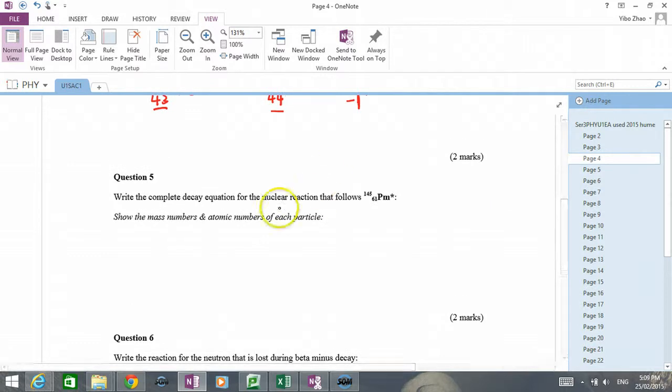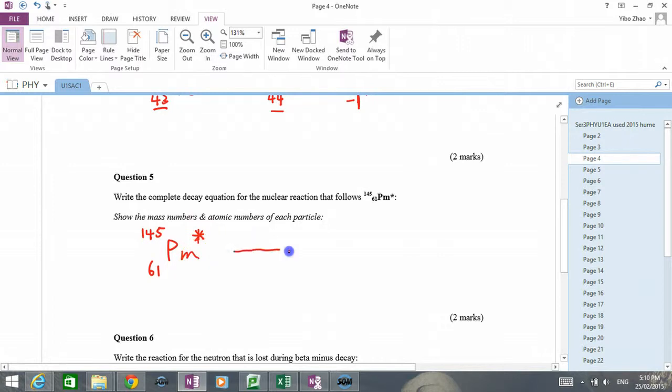And for question 5, I told everyone that this particle goes under gamma radiation. The reason it works is this: you see the little star on the top. When we have this on the top, it means this certain element is excited, and when it's excited, it's ready to release gamma radiation.